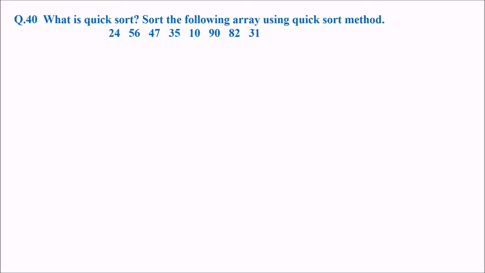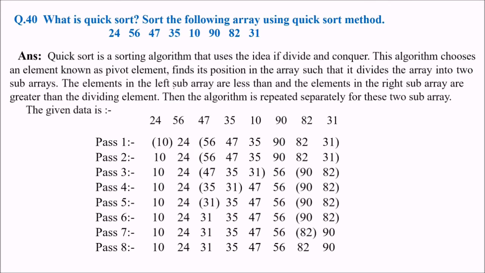First, a pivot element has to be chosen, and once the partition is made, this pivot element will find its place with the left and right parts already sorted. So let us see how we can do it. Quicksort gives a very good running time of n log n, which is comparable to merge sort. That is why quicksort is a classic example when it is taught to computer science students.